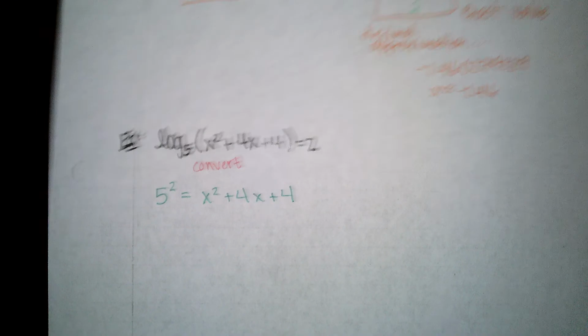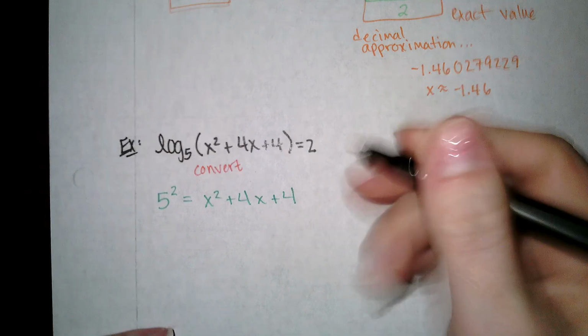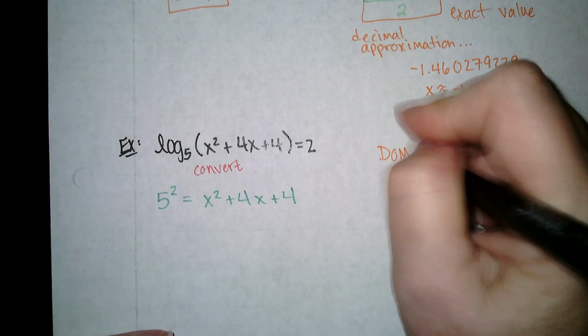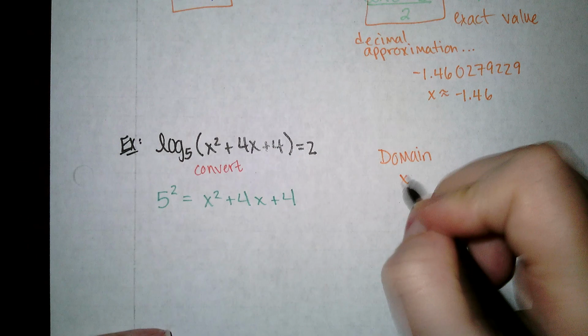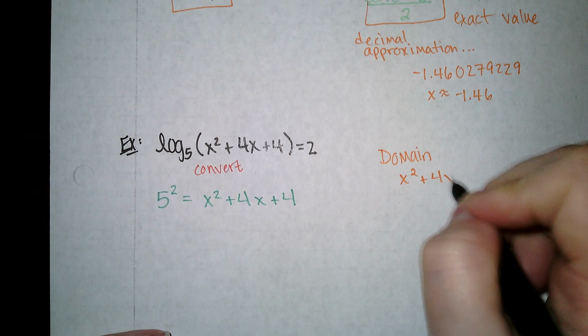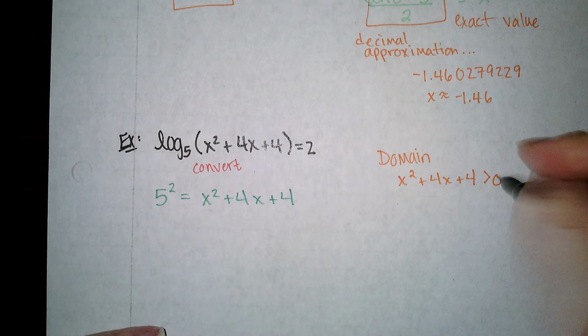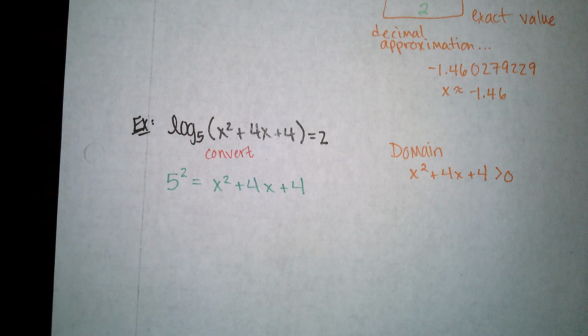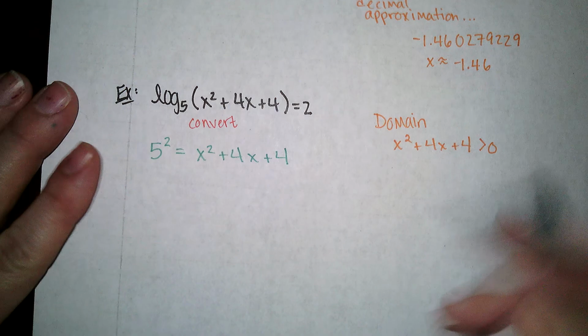But before I get too far down that path, I do want to remember to look at my domain. Because I have a logarithm, I need to set the argument, x squared plus 4x plus 4, to be greater than 0, so that I have a working domain when I get done to check my solution against.